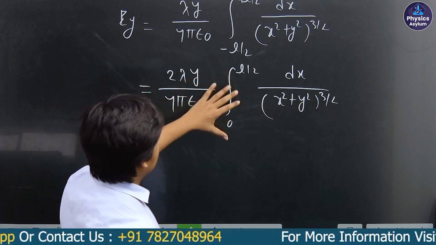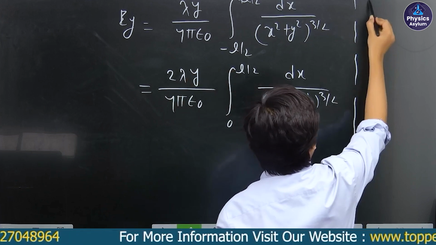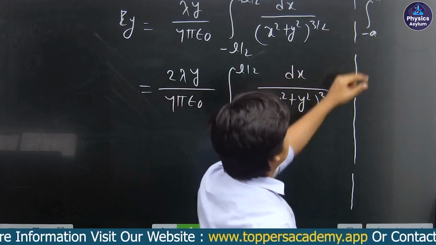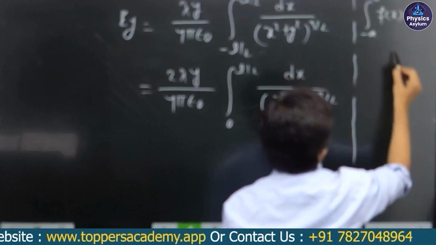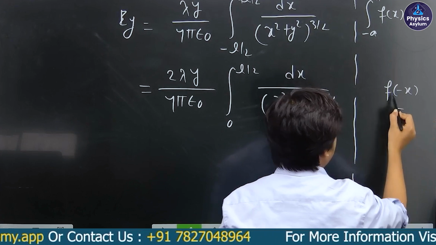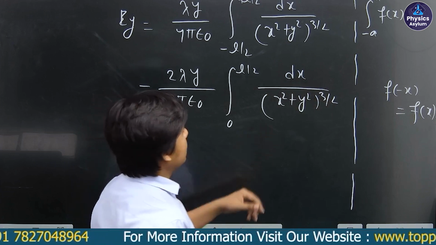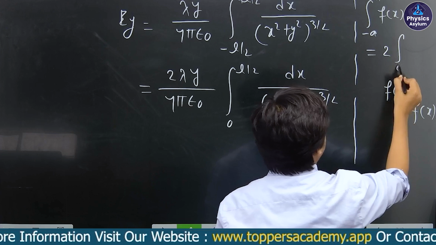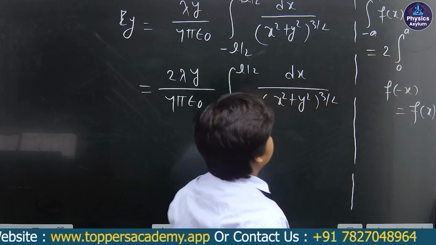How have I written this? We know there is a property of definite integrals: suppose the limits go from minus a to plus a of f(x) dx. If f of minus x is equal to f(x), that means f is an even function, then this will be equal to twice the integral from 0 to a of f(x) dx.